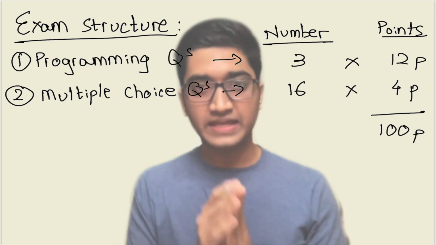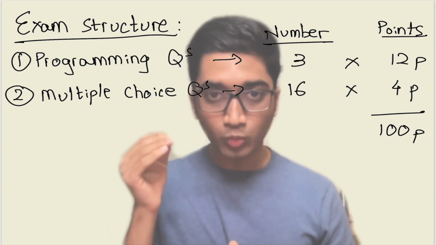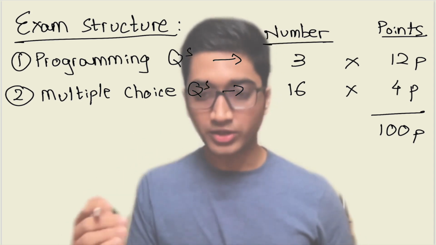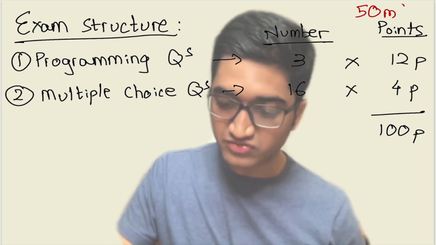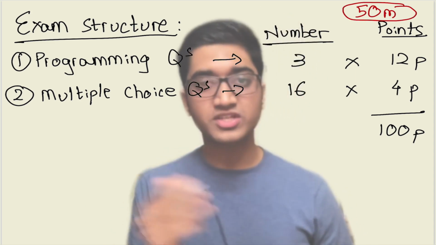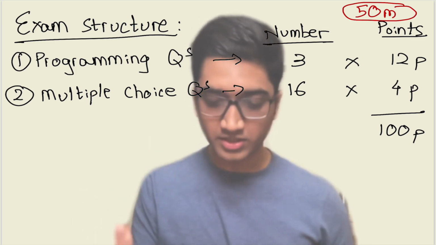So you have an exam every week which is for 100 points, but within that 100 points you also have a timer, and that timer is for 50 minutes. You essentially need to get as many points out of the 100 points you can within these 50 minutes.